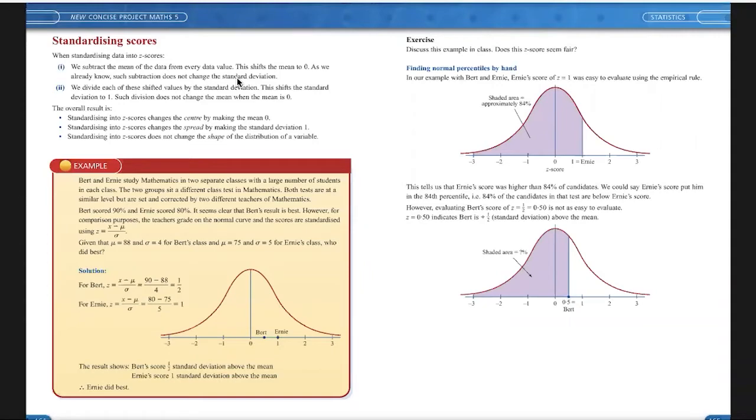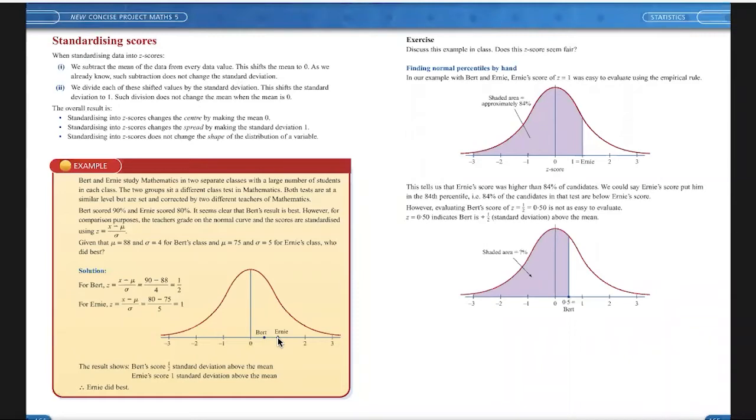And we did this when we looked at that growth hormone exam question, where in that particular case, everything shifted up. Your mean changes, but your standard deviation doesn't. Okay, and then 2, we divide each of the shifted values by the standard deviation, and this shifts the standard deviation to 1.